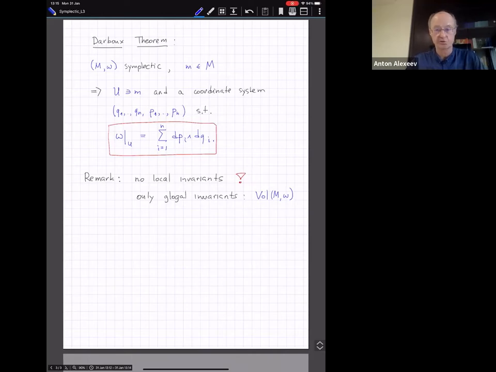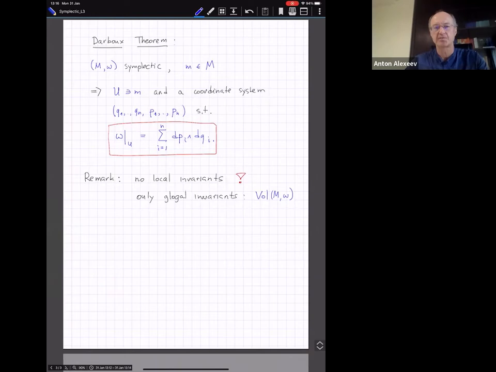The other option is that you can introduce more structures. You can introduce, for instance, group actions. That's our plan for this course. If you have a group action and a symplectic form, you may hope there is again some kind of interesting local information, which would mean we are doing geometry and not only topology. That's going to be our path.